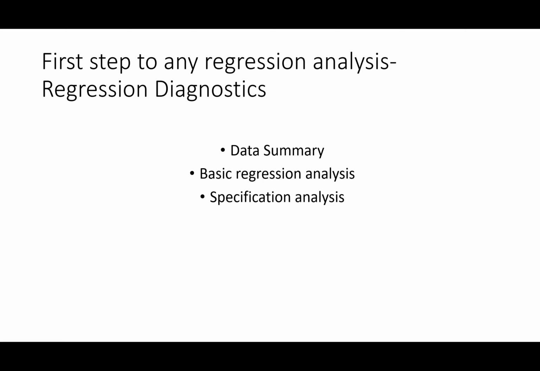The first step to any regression analysis is you first do a data summary. Then go on performing a basic regression analysis, which is an OLS, and then you do a specification analysis, which lets you know if there's an omitted variable bias, if there's heteroscedasticity, and is there a violation of any regression rules, which needs to be taken care of.